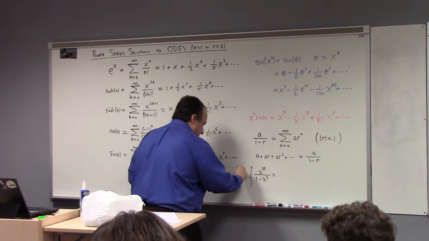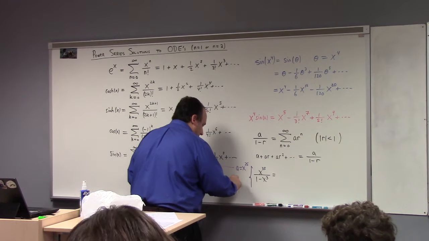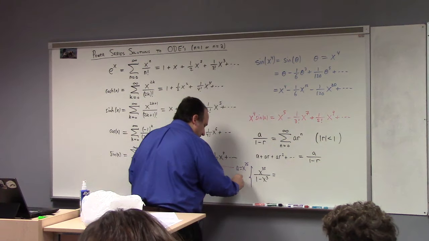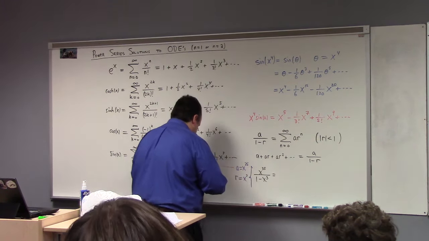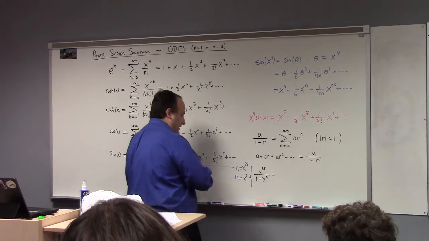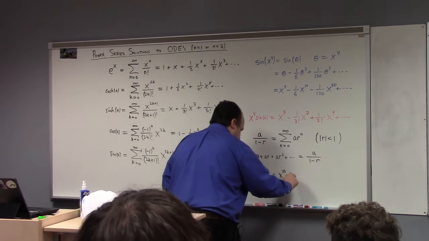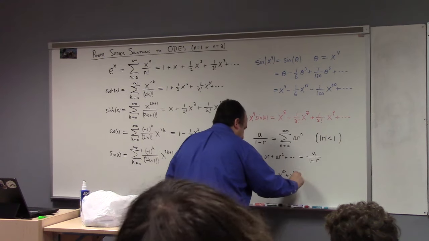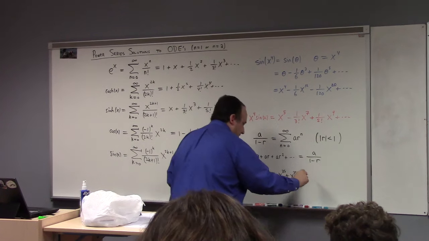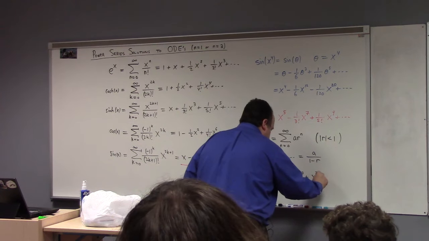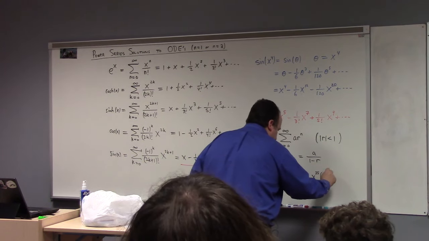A is x to the 35, rather, and my ratio is x cubed in this case. So I just do a, which is x to the 35, and then plus x to the 35 times x cubed, plus x to the 35 times x cubed squared, and so forth and so on.